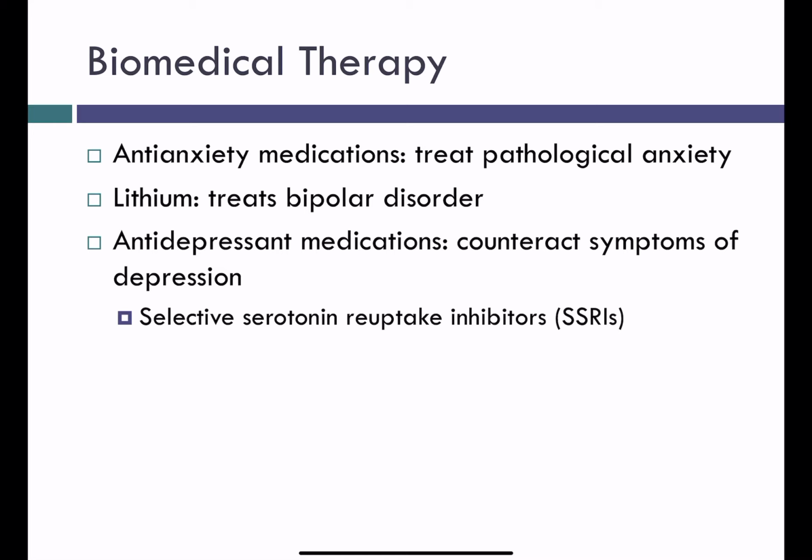Another common biomedical therapy is antidepressant medications that work to address some of the symptoms of depression, like hopelessness and guilt and difficulty concentrating. There's a couple of different types. First generation antidepressants are things like tricyclics and MAO inhibitors, and they have a lot of negative side effects.